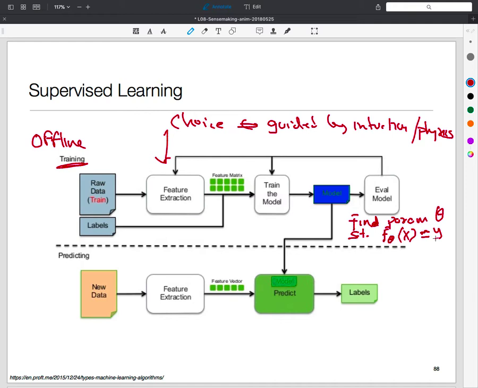You see out here that the iteration is not simply for training the model, but it's actually also for feature extraction. Because if things don't work out, then you'll say, aha, maybe my choice of features is not good, and I'm going to go back and revisit the features. Maybe window size is wrong. All of these things are in play. And then, of course, the training strategy itself.